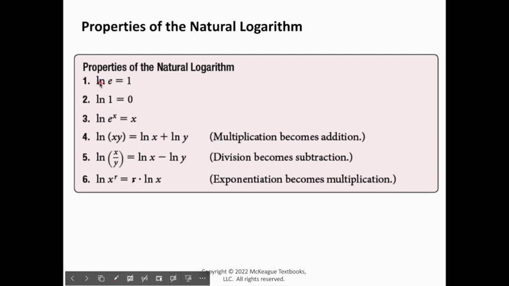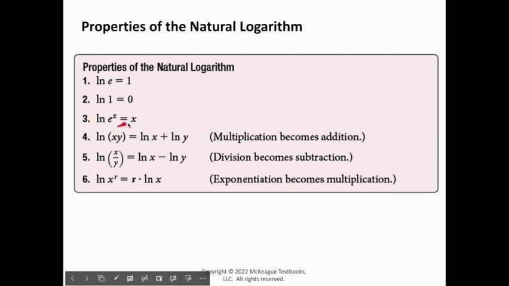If the base of your logarithm and the argument are the same, then that's going to give you an exponent of 1. For property number 2, no matter what the base is, when you take the log of 1, it's going to be 0 because you take a base and raise it to the power of 0, every time you're going to get 1.